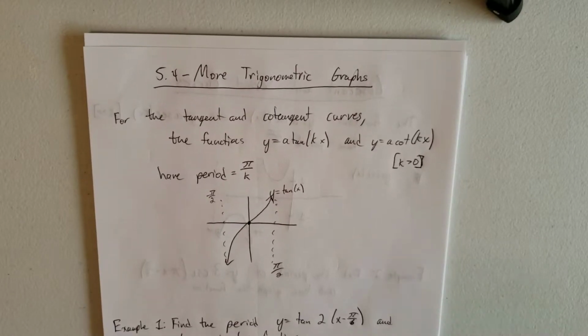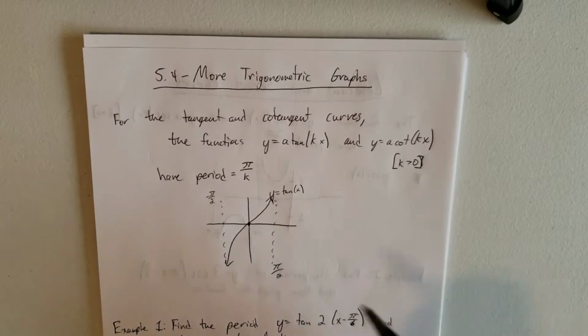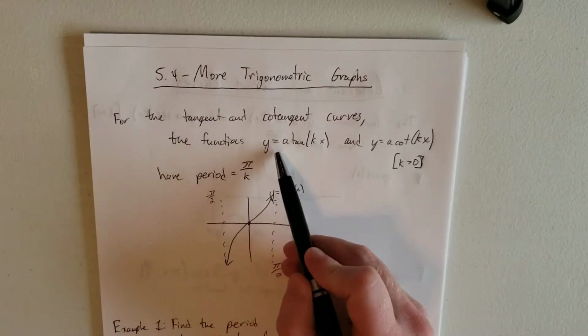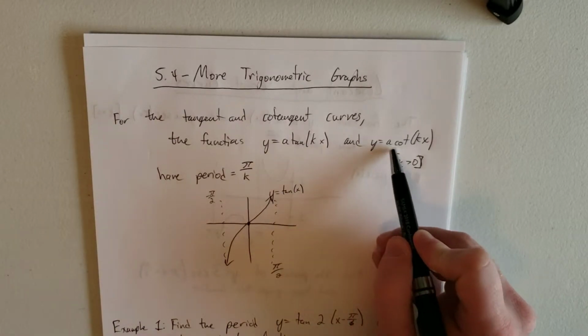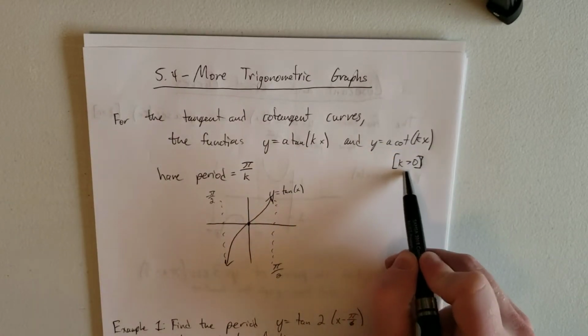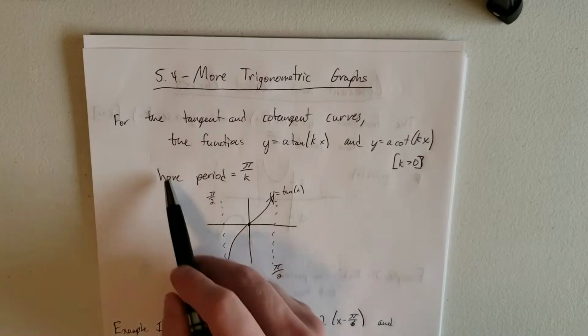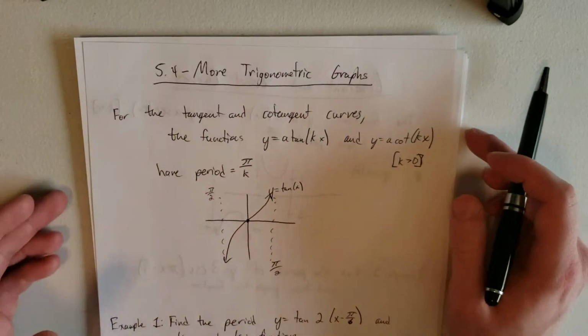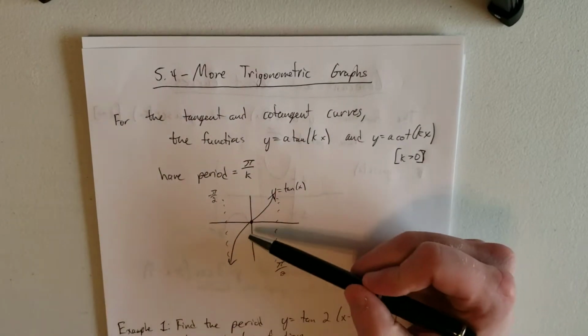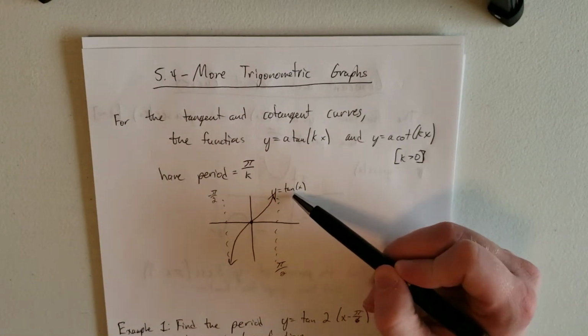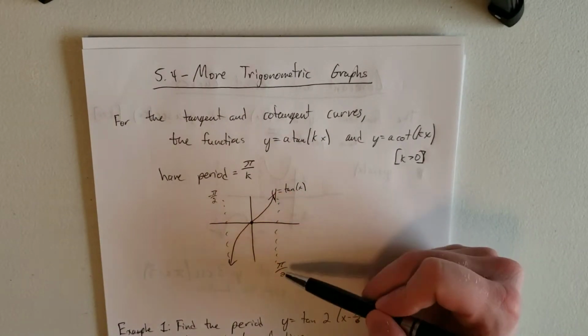So for the tangent and cotangent curves, the functions y equals a tangent of kx and y equals a cotangent of kx, with again k greater than 0, these have period pi over k. Here's an example of the y equals tangent of x graph.